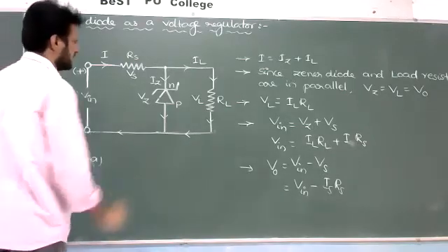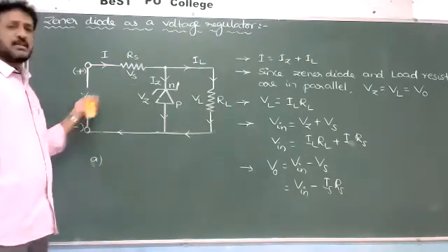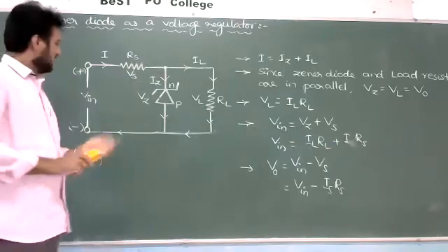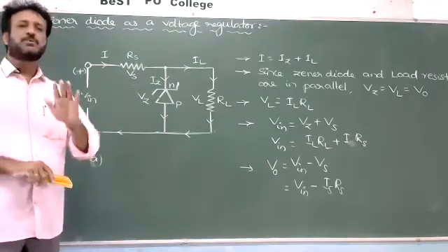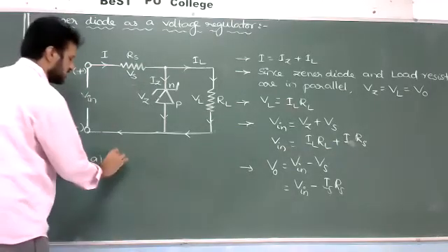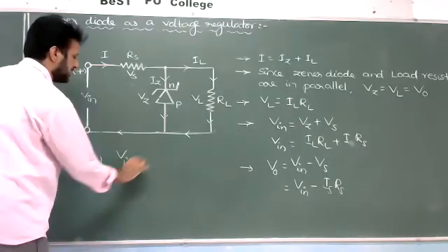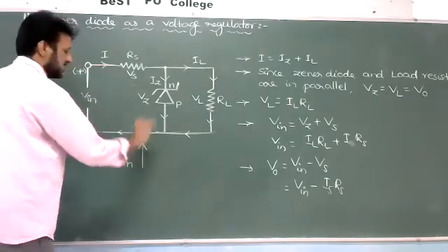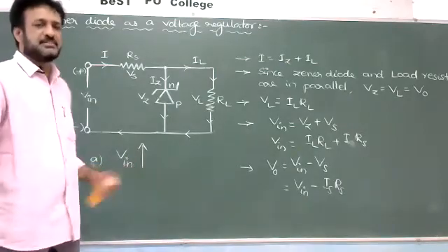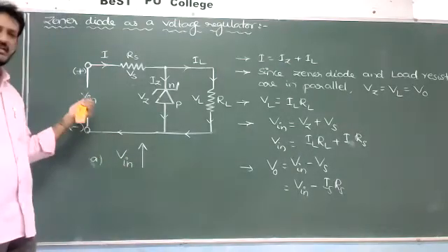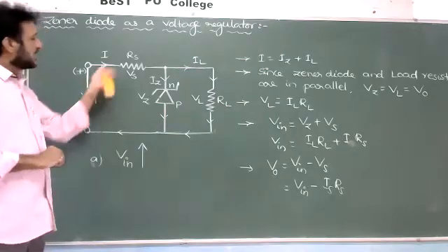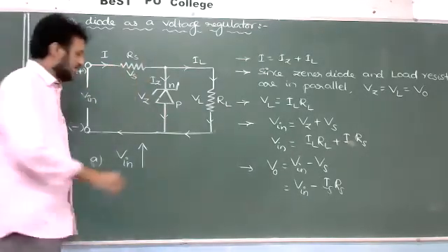What you have to observe is, after applying the input voltage to the Zener diode, suddenly the input voltage V in increases. I am writing an arrow mark to understand. Whenever the input voltage increases, the current flowing through the circuit also increases.